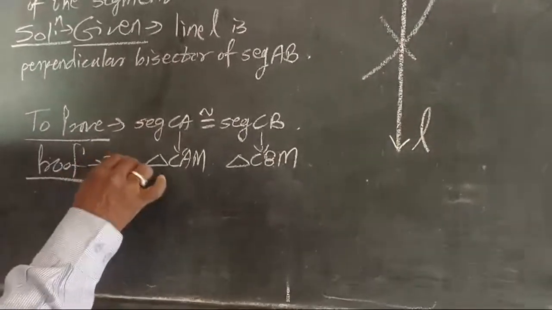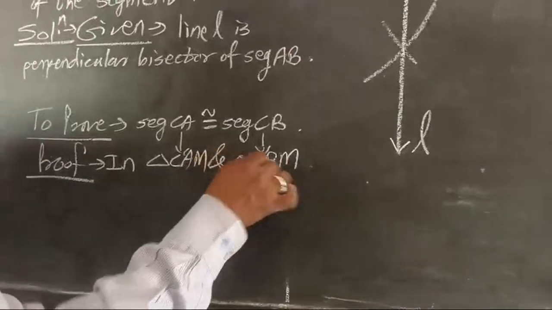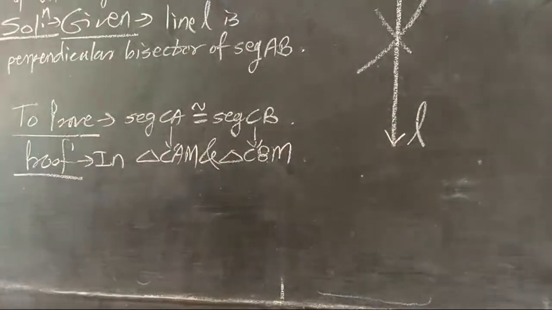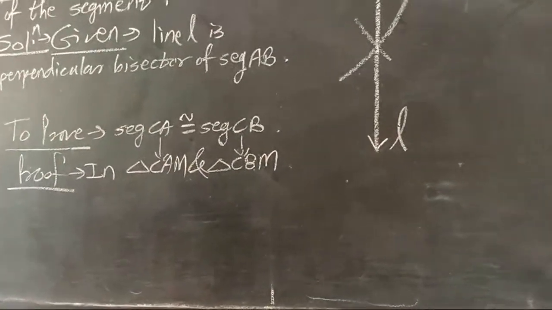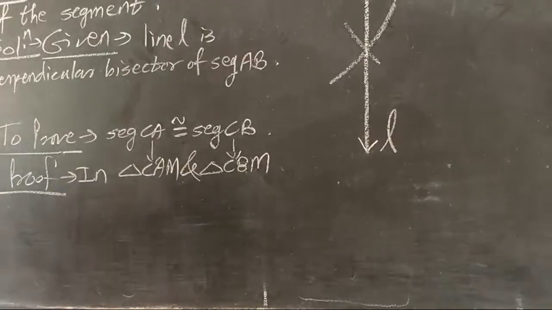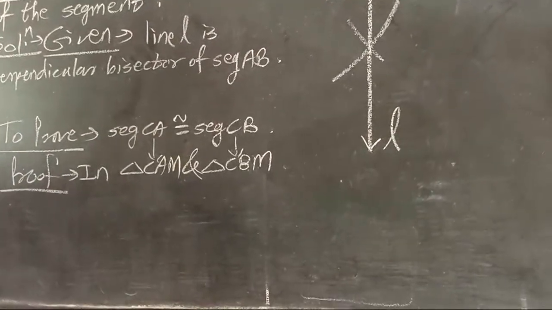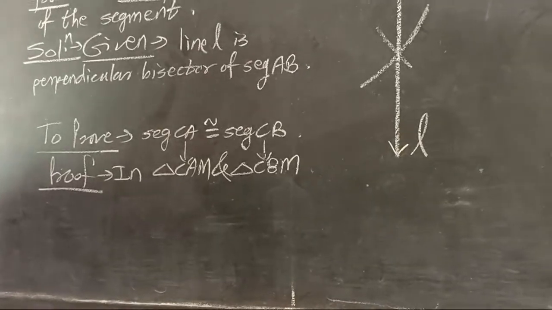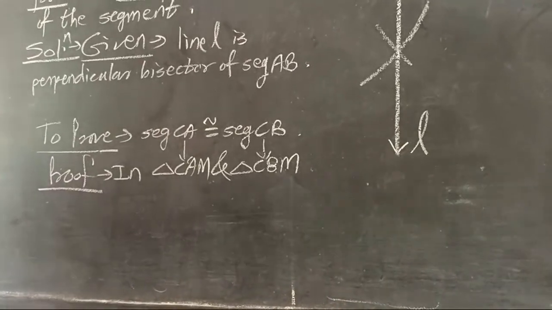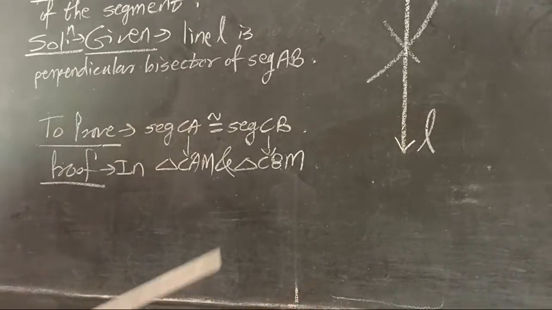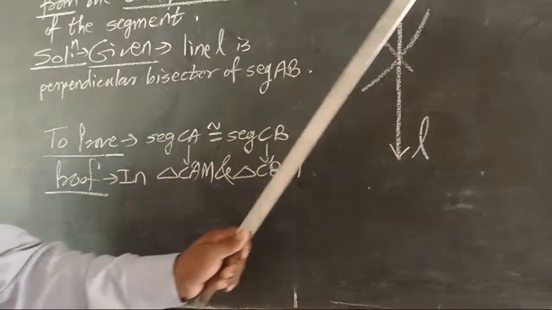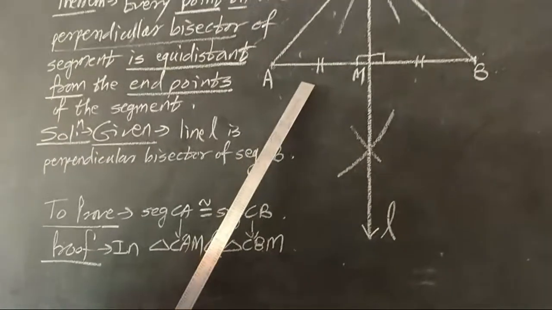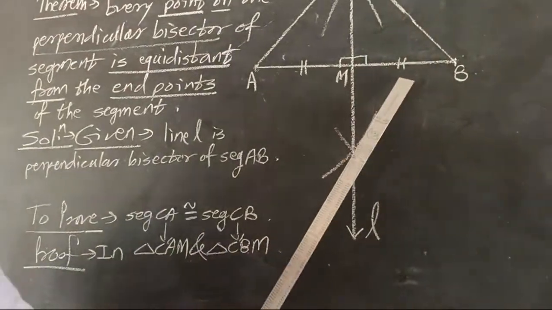In triangle CAM and triangle CBM, three conditions are essential. First condition is segment AM congruent segment BM.